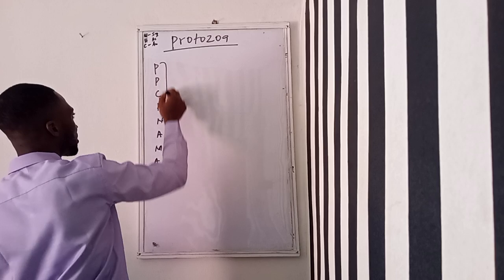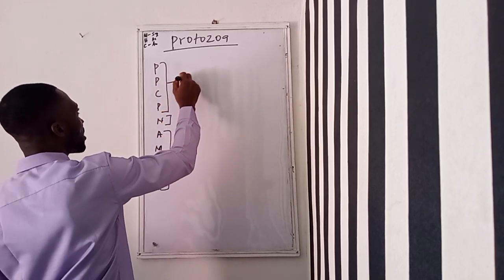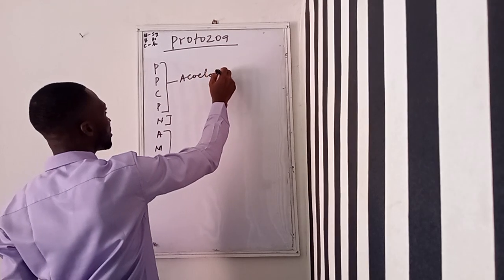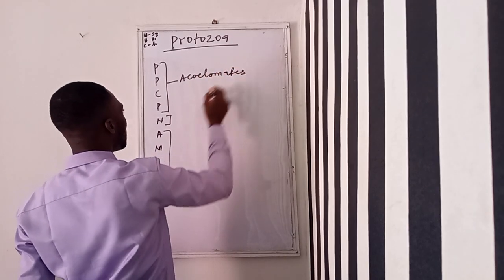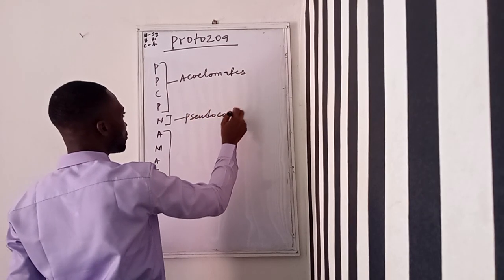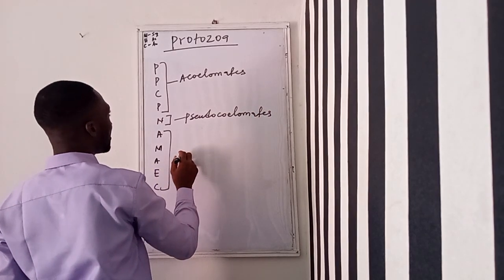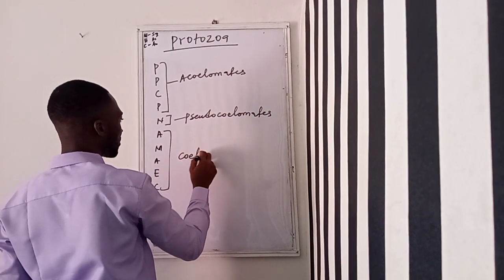From this to this are known as acoelomates. Then this is pseudocoelomates. Then this is coelomates.